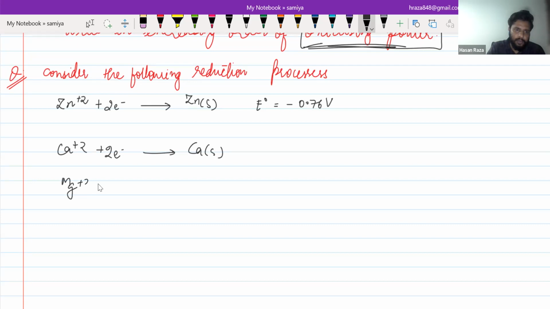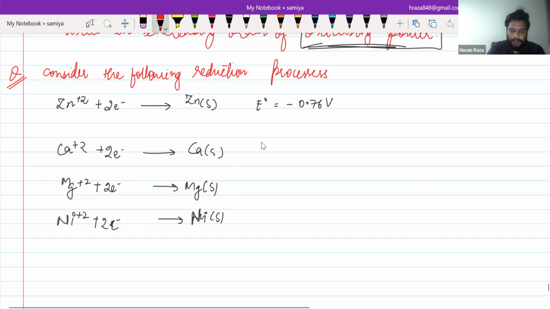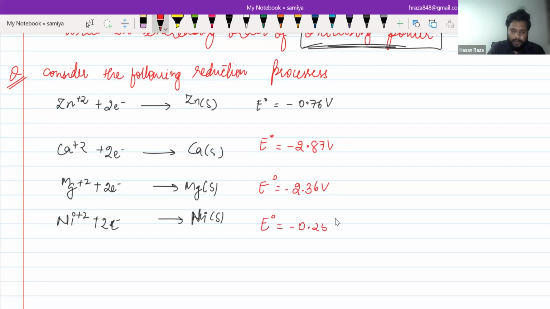Mg2+ plus 2 electrons will be converted into Mg solid. Now Ni2+ plus 2 electrons is converted into Ni solid. It is also given that E° is equal to -2.87 volt for Ca, -2.36 volt for Mg, and -0.25 volt for Ni.